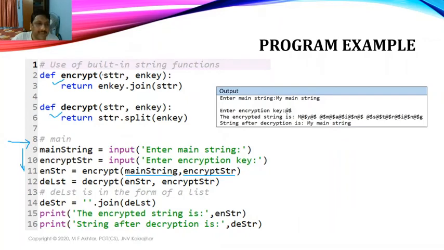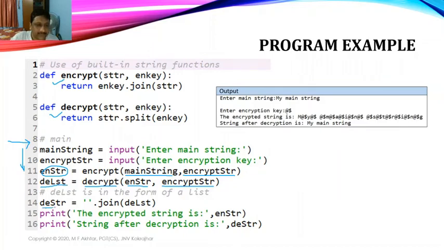That encrypt function converts the message into coded form, and that coded message is returned, and nstr will receive the coded message. Now again we are decrypting it, decoding it: we are sending the coded message here and the encryption key here. Now it will decrypt the message, and the original message will be available here.